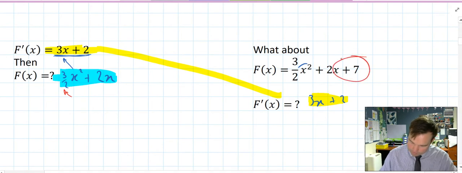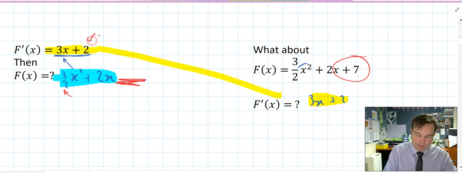That 7 didn't appear here. If we took the f dash of x and found its antiderivative, we didn't come up with a 7 here. Yet, when we have this function here, which does have a 7, we find its derivation, we end up here with no evidence of the 7. And this is because when we do a derivation, the constant on the end drops off.